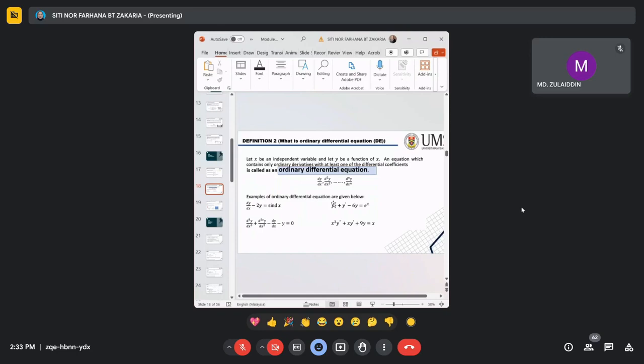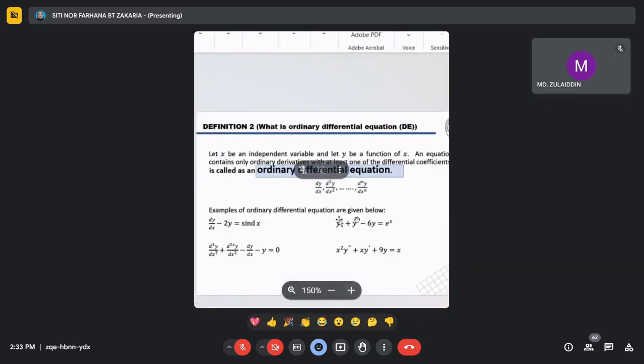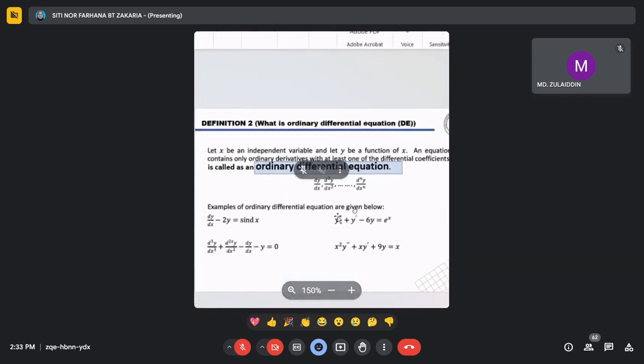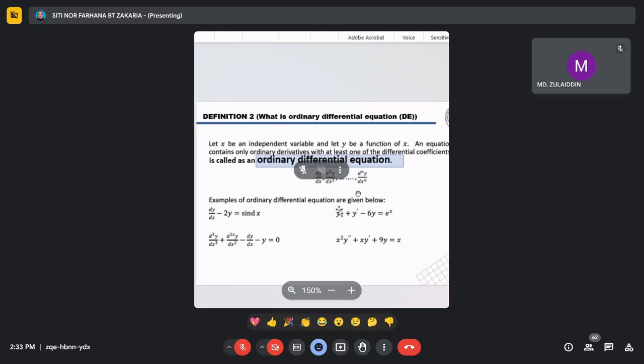If you have more than one, for example y, x, z, then it is not an ordinary differential equation. For this subject, you will only learn about ordinary differential equations. No z variables, only x.